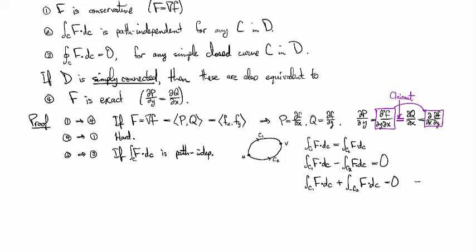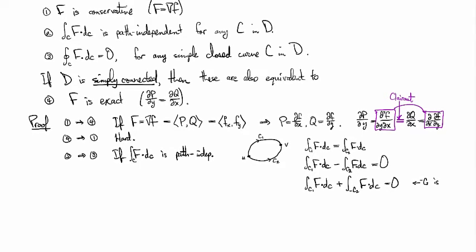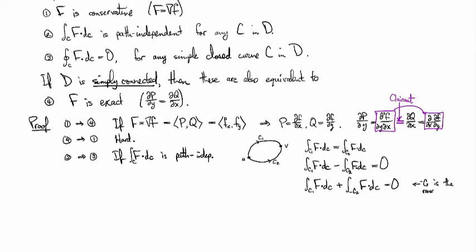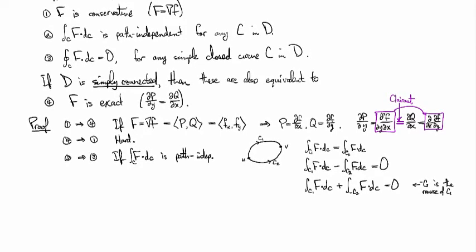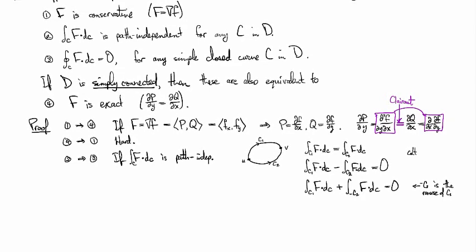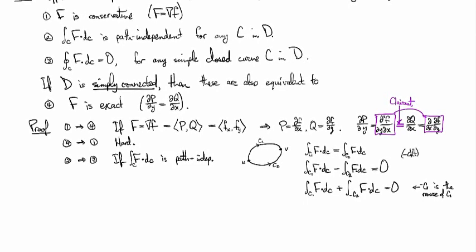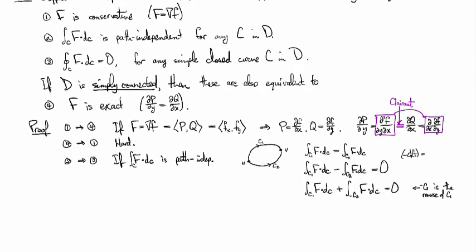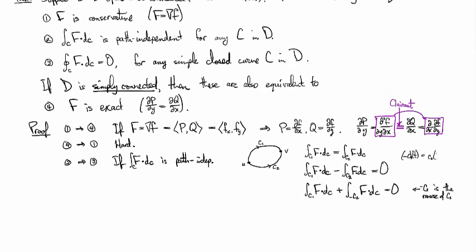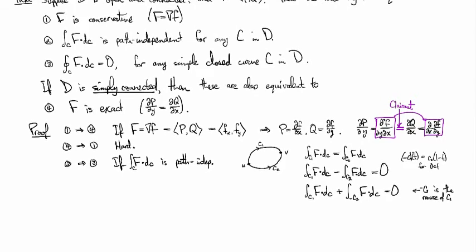and so c1 minus c2 is, we'll call it, the reverse of c2. So in other words, if I have c2 of t, and let's just suppose it's parameterized from 0 to 1 to make life easy, then the reverse would be c2 of 1 minus t.